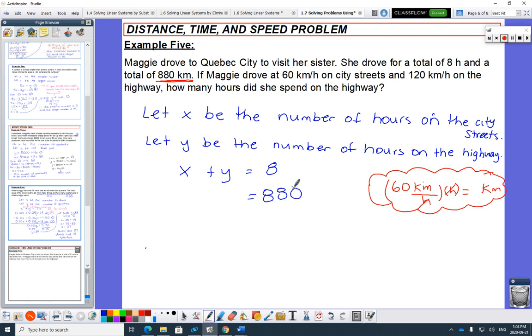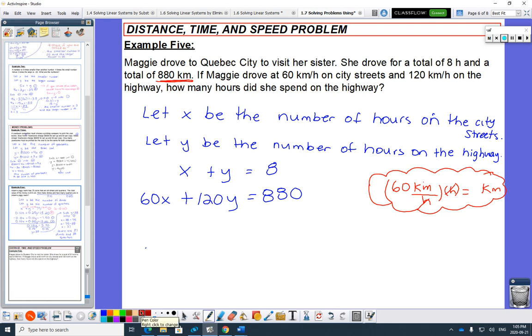Because we have to get to that total, right? So I said x was city streets. The city street speed is 60 kilometers per hour. 60 times the number of hours on the city streets is going to get us kilometers, plus 120 on the highway for a certain number of hours is going to give us 880 kilometers.